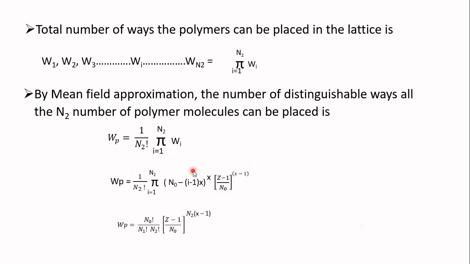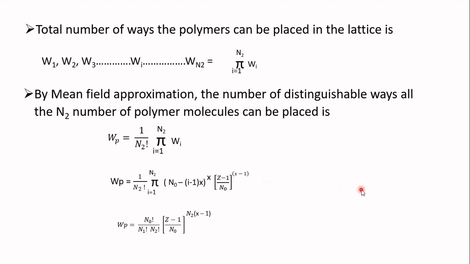On simplification, you will get Wp is equal to n0 factorial divided by n1 factorial into n2 factorial, into (z minus 1 divided by n0) to the power n2 into (x minus 1). This is the number of distinguishable ways in which the polymer molecules can be placed in a crystal lattice.